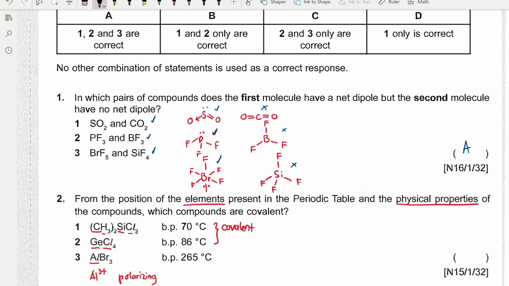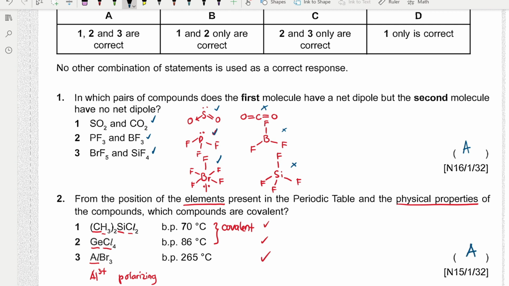That means instead of donating 3 electrons to bromine completely, it polarizes or steals back the electron that it's supposed to donate, forming a partial covalent bond. So there is a lot of covalent character in aluminium bromide, and therefore our answer would be 1, 2, 3.